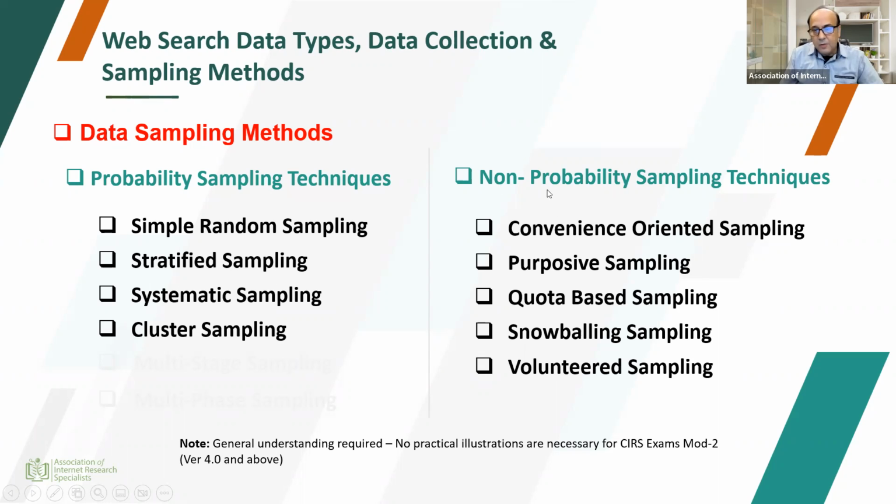Non-probability sampling is very easy to understand: 1, 2, 3, 4, 5. I'll explain it, but it's not something that has a method to it, even though the word techniques is used. But let's not get there yet. Look at probability simple random sampling.